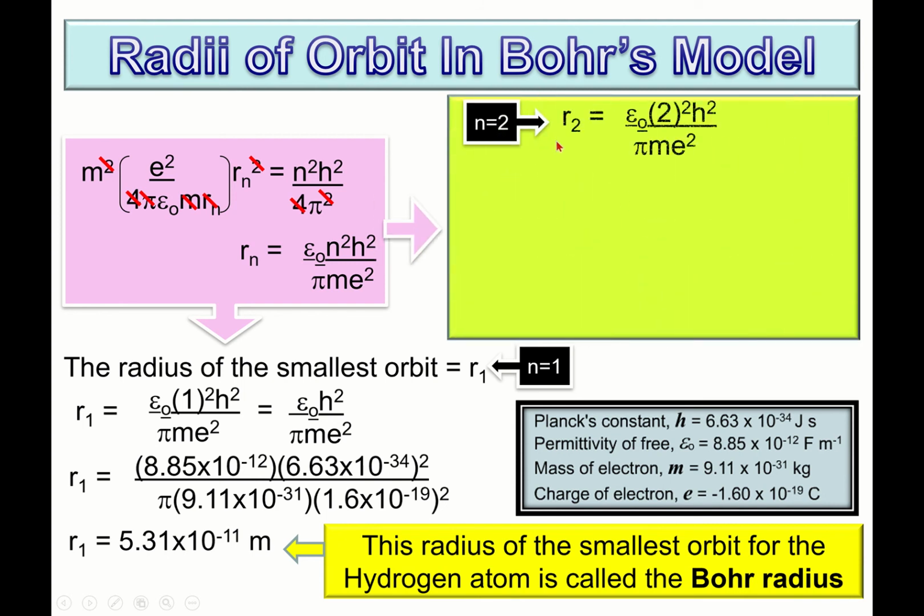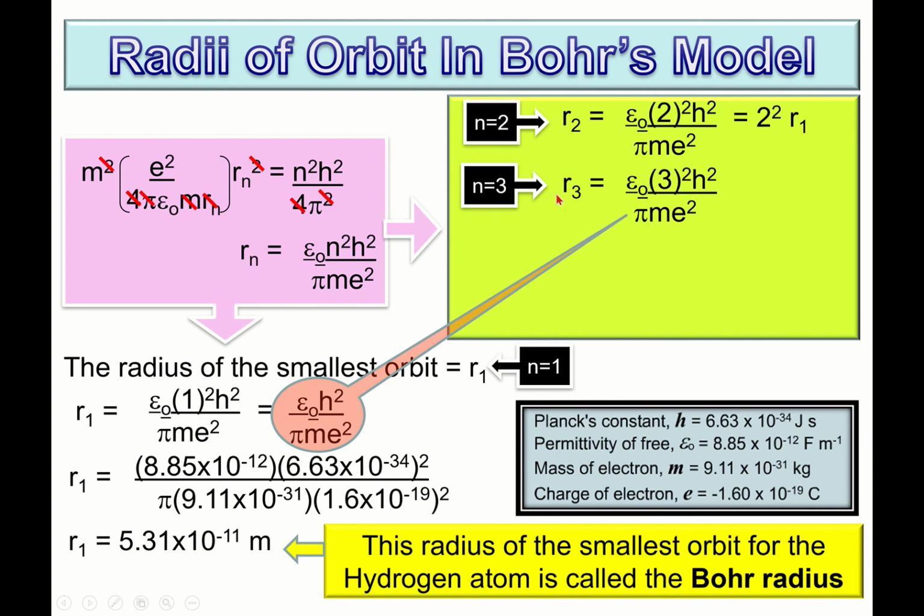For n equals 2, we substitute n equals 2 into the equation here. We have epsilon naught 2 squared h squared per pi m e squared, and epsilon naught h squared per pi m e squared here is r1. So the equation for r2 becomes 2 squared r1.